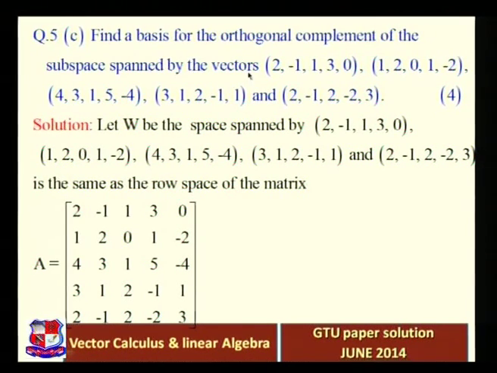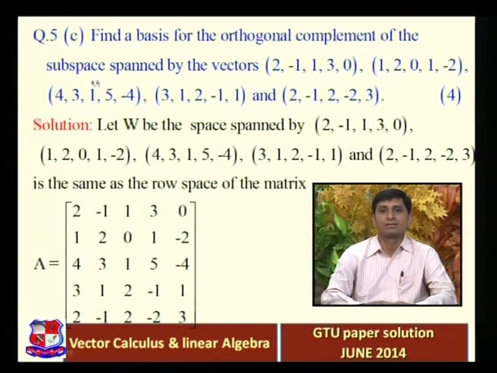Find the basis for the orthogonal complement of the subspace spanned by the vectors (2, -1, 1, 3, 0), (1, 2, 0, 1, -2), (4, 3, 1, 5, -4), (3, 1, 2, -1, 1) and (2, -1, 2, -2, 3).